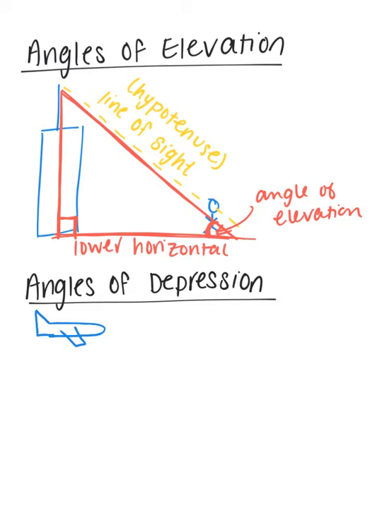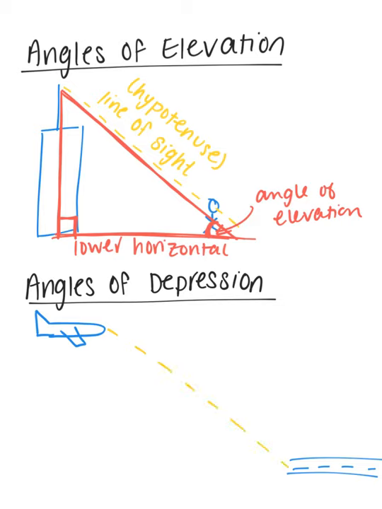So a common example of angles of depression are airplane problems. Don't mind my terrible airplane, okay? So we've got an airplane, and then let's say we've got the runway down here, all right? So if we say that the angle of depression is from the airplane down to the runway, instead of using the ground as the horizontal, we're going to be using the sky as the horizontal. So we still draw in our line of sight from the upper object to the lower object.